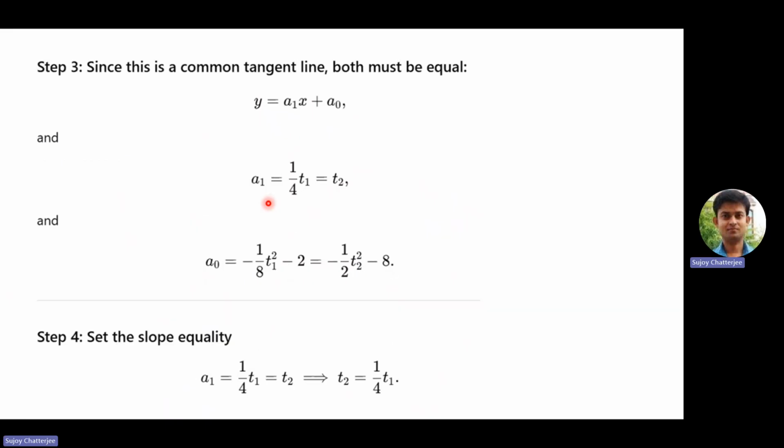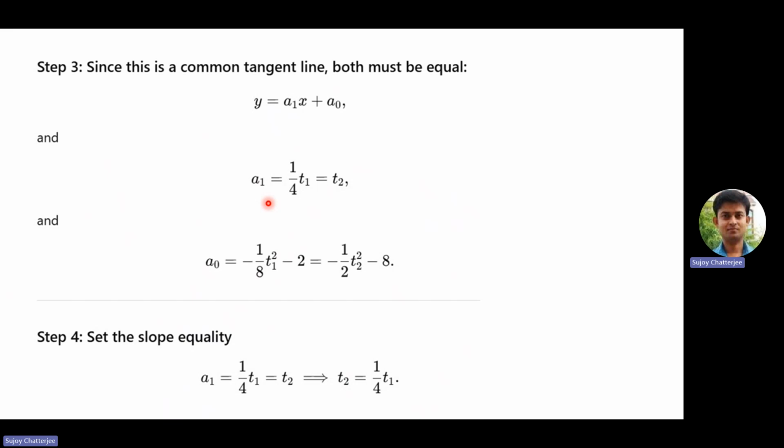Now step 3 is, since this is a common tangent line to both the parabolas, both must be equal. That means using y is equal to a1x plus a0, a1 is equal to 1 by 4 t1, which is equal to t2, and a0 thus becomes minus 1 by 8 t1 square minus 2, which is, further simplifying, minus t2 square by 2 minus 8.